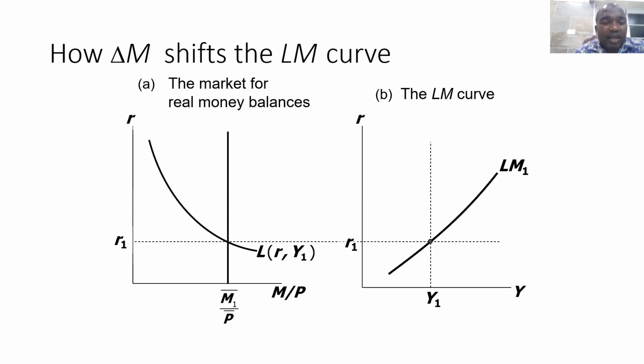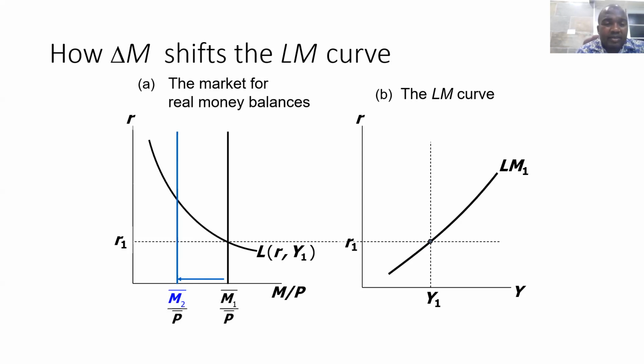We start with panel A, which shows our situation in the money markets, where the initial level of interest rates is R1 and real money holdings is M1 bar over P bar, which is that point on LM curve 1.